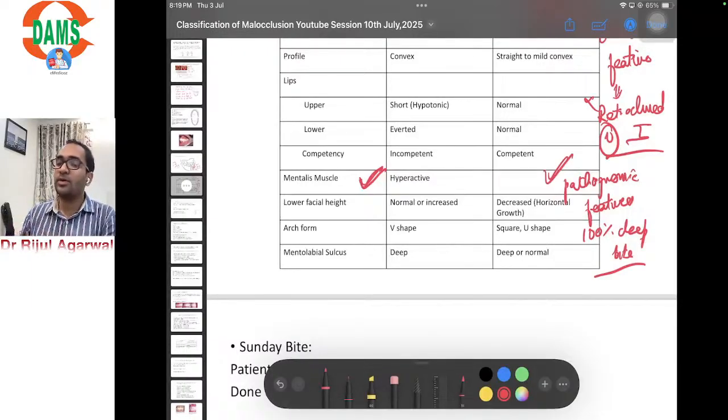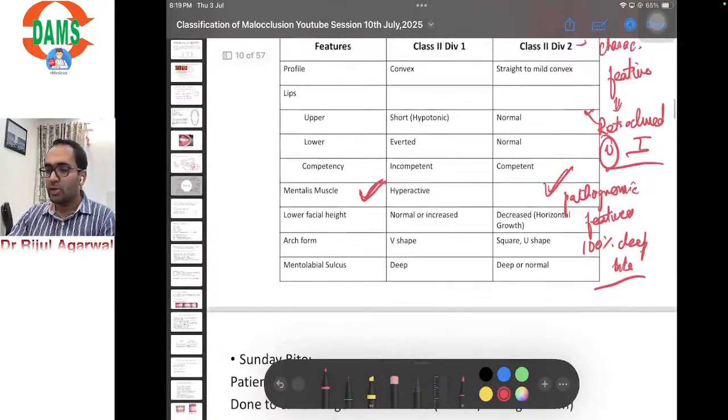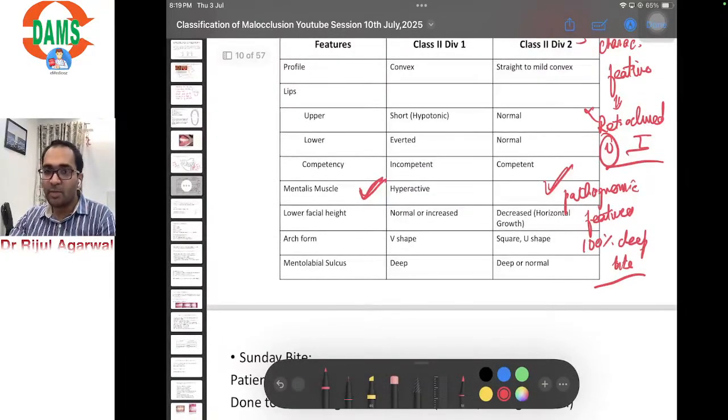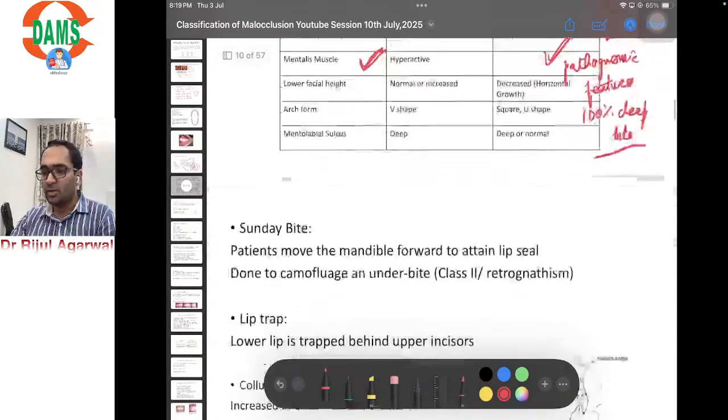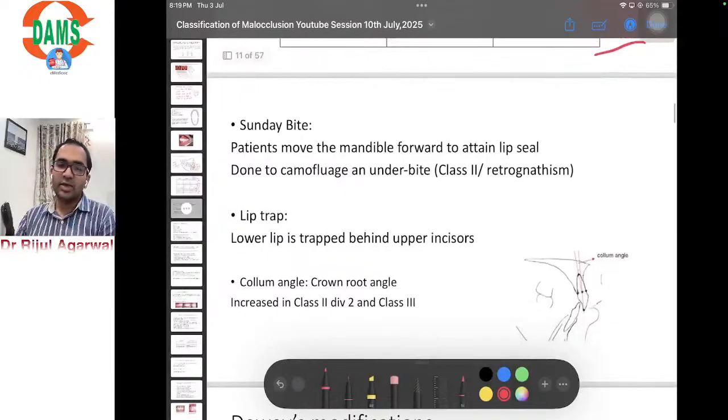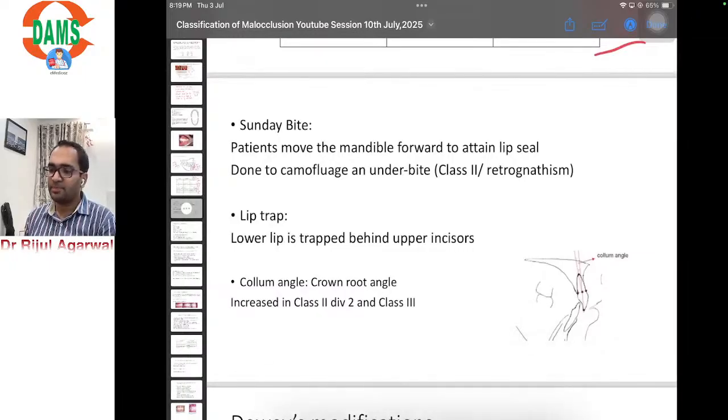So it does not happen all the time. Lip sucking and lip trap are more of an oral habit kind of feature. So you are right, but only partially right. It does not become a feature. Features are the ones which are always present.